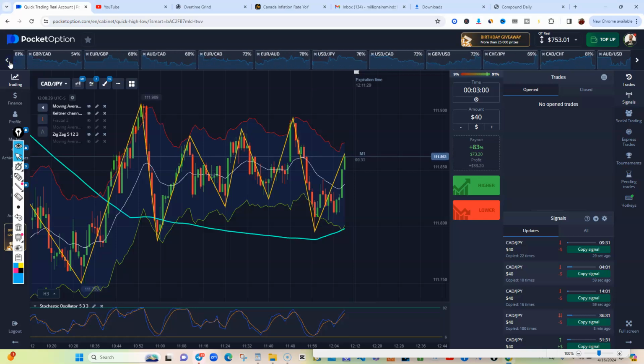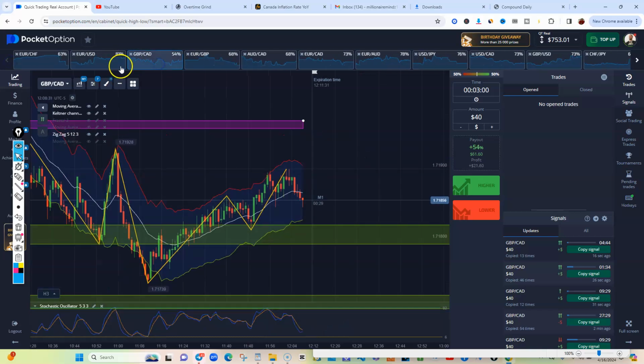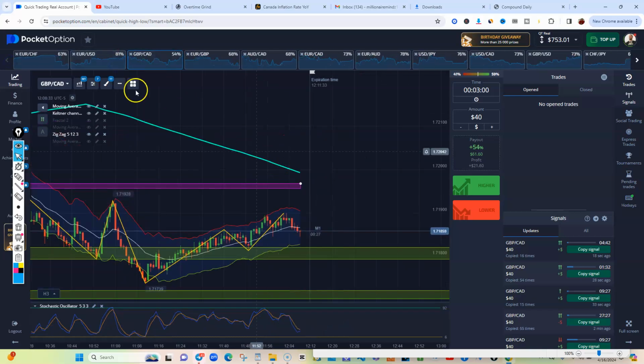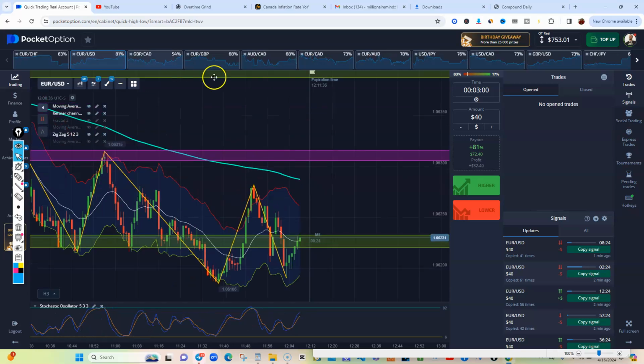Let's go with Euro USD. Let's take a peek at Euro USD, see what it's looking like. Boom. Okay. So in this instance, first thing I notice, all right, downtrend. Cool. Second thing I notice is that pullback, boom, pullback.